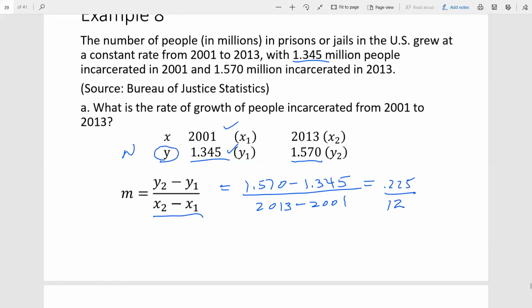You need to use your calculator, and you get 0.01875, and that's million per year. So now we have the slope.